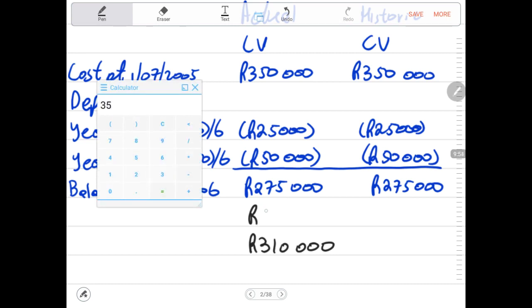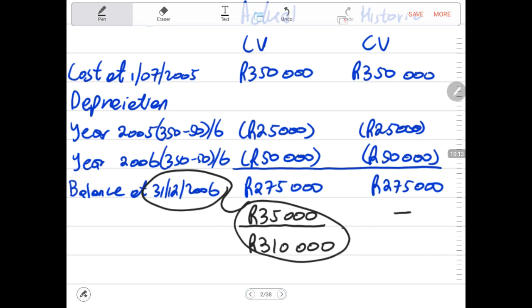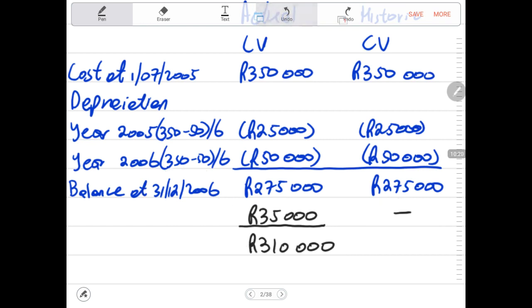We definitely see that 35,000 is the value by which this machine that manufactures stationery has increased. Remember, we don't do anything under our historic column because this transaction is taking place at the same date, which is 1 day after. So there's no need to calculate depreciation at this point because it's just 1 day difference. We only do that depreciation under our historic column at the end of the accounting period.